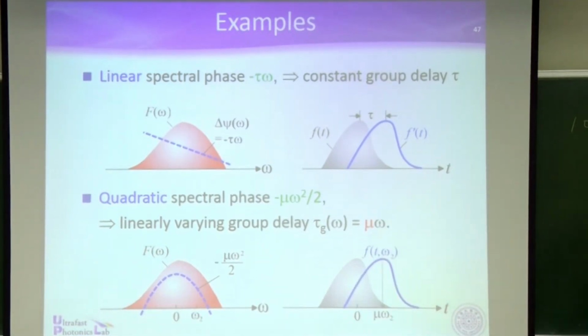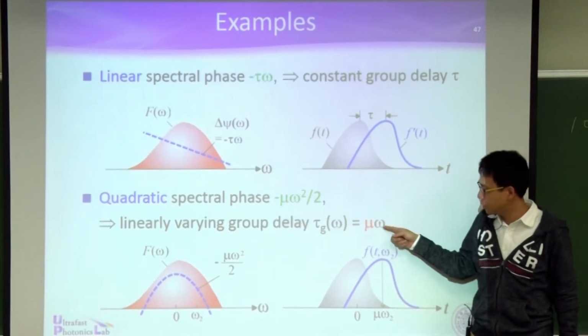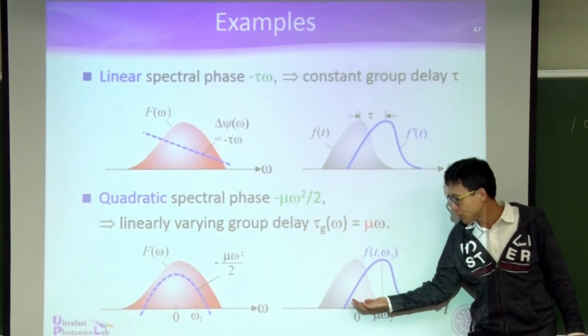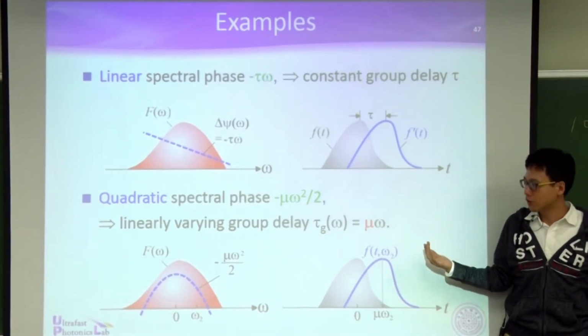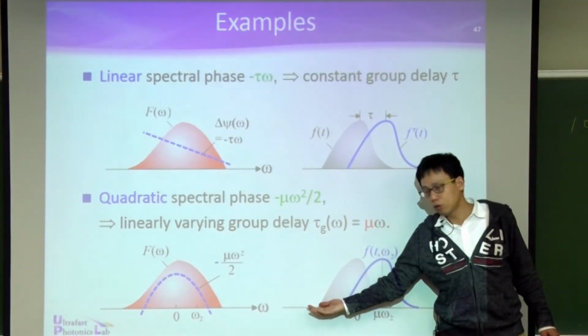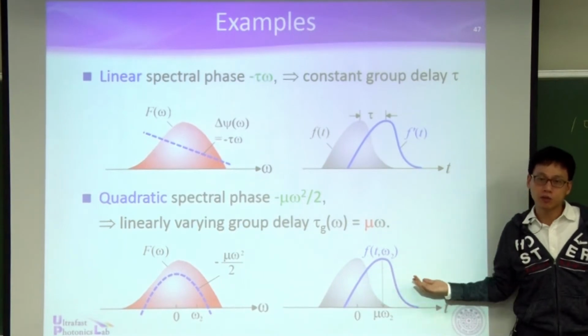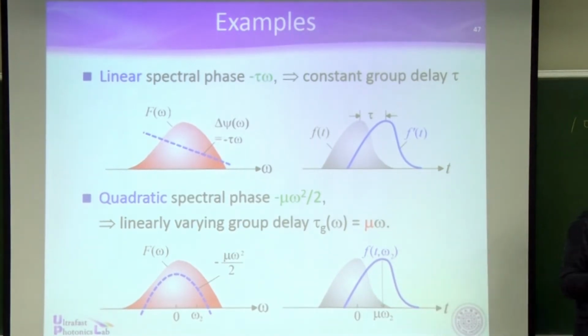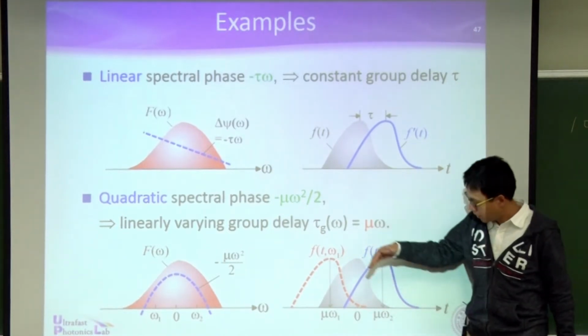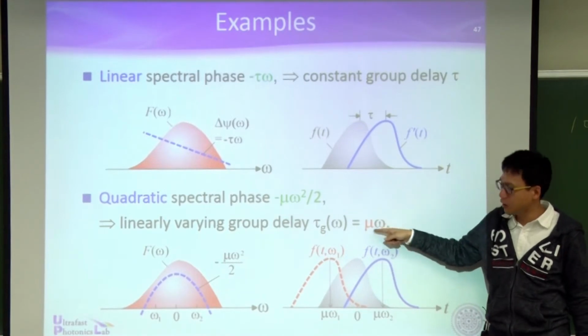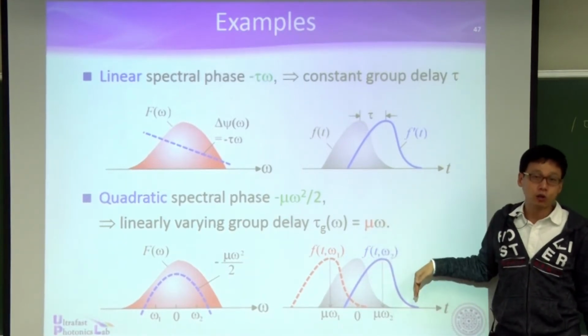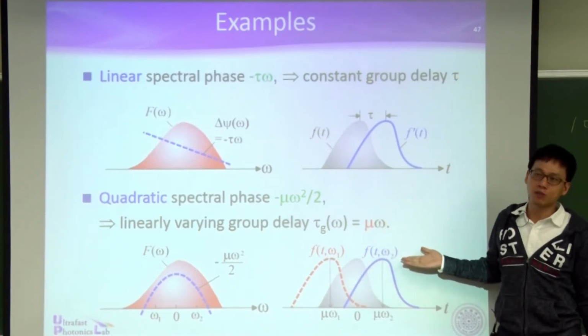And the higher frequency component, omega 2, is a positive number. So you see the temporal waveform at a later time. Okay? So starting with lower frequency, end up with higher frequency. Okay? So basically, you will see linearly increasing local frequency. This is also upchirp, right?